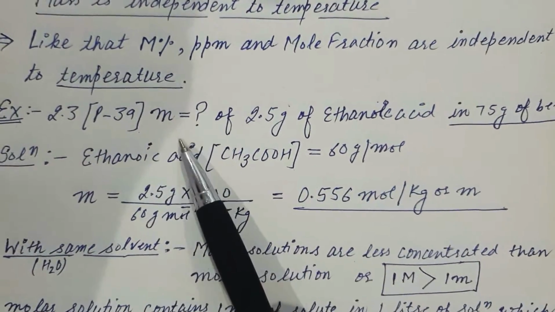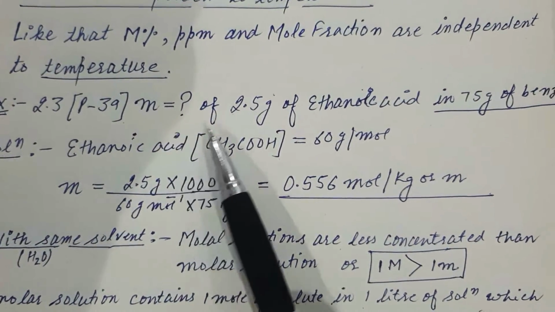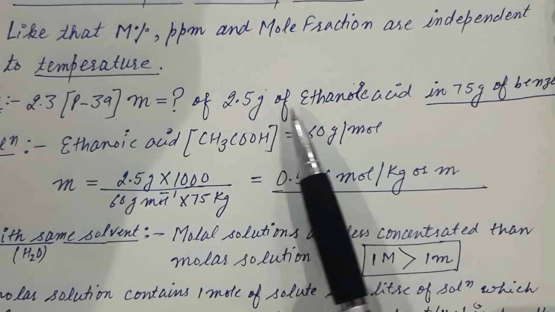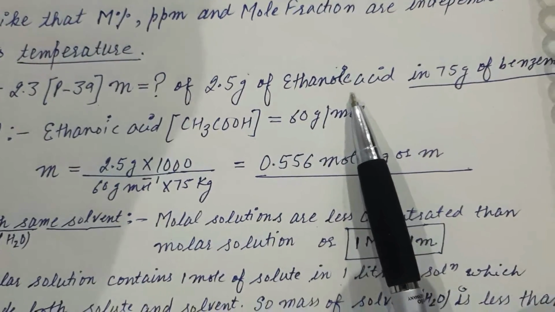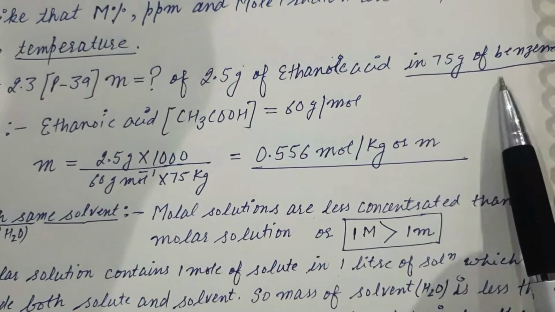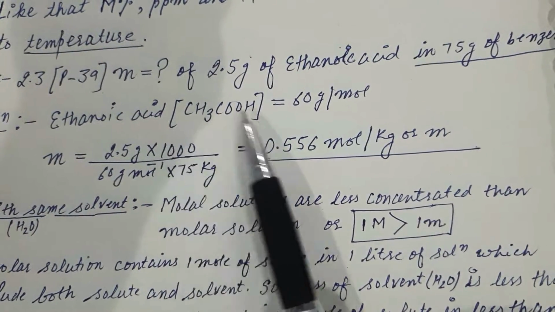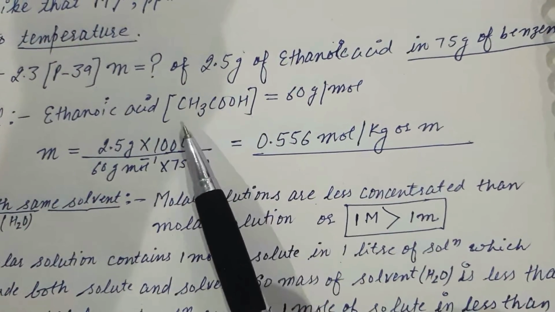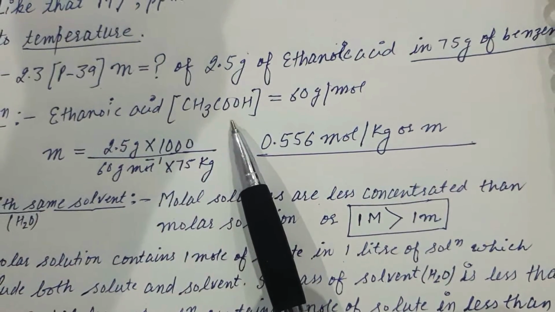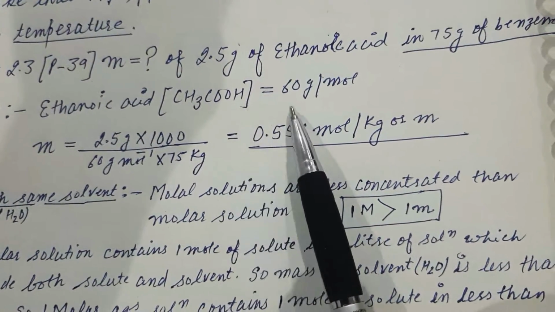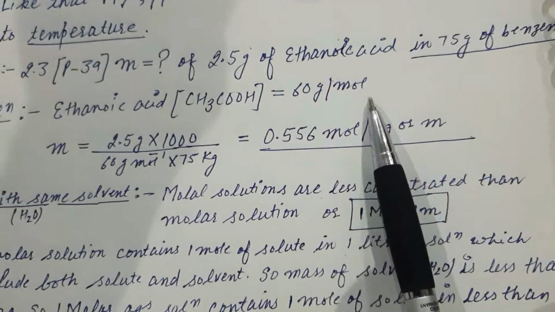In this case, you have to calculate molality, and you are given 2.5 gram of ethanoic acid present in 75 gram of benzene. So first of all, you have to calculate the molar mass of ethanoic acid, which has the chemical formula CH3COOH, and the molar mass is 60 gram per mole.